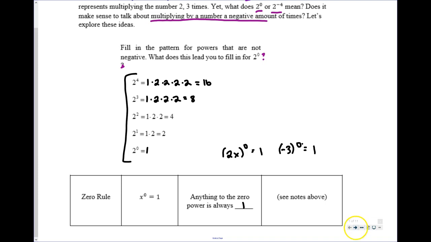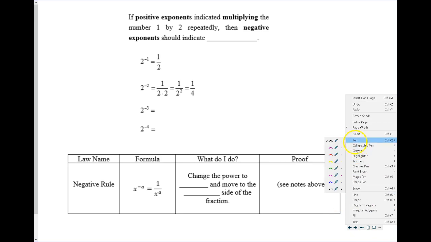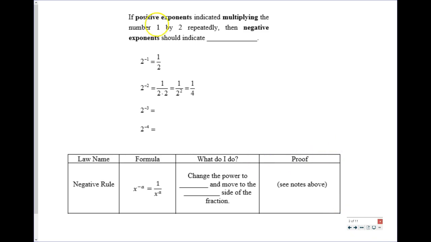Let's talk about the negative rule. And this is a little weirder. So follow me here closely. If positive exponents indicate multiplying the number by 2 repeatedly, so if I have 2 to the 3rd power, I am multiplying that number 2 times 2 times 2, right?